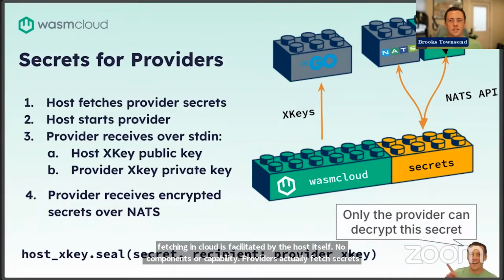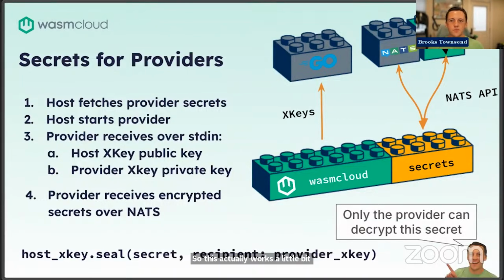So this actually works a little bit differently for providers and components. So let's go through both scenarios. So you have an application that specifies a capability provider and it requires a secret. And WADM tells wasmCloud to start the capability provider as a part of deploying your application.